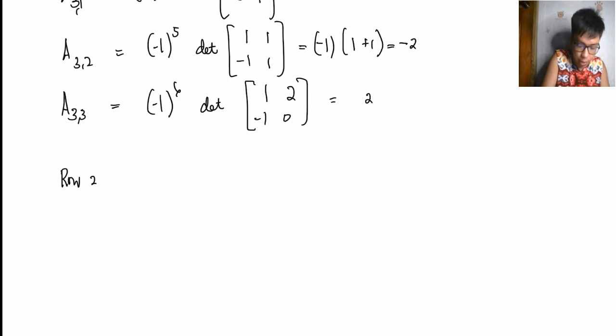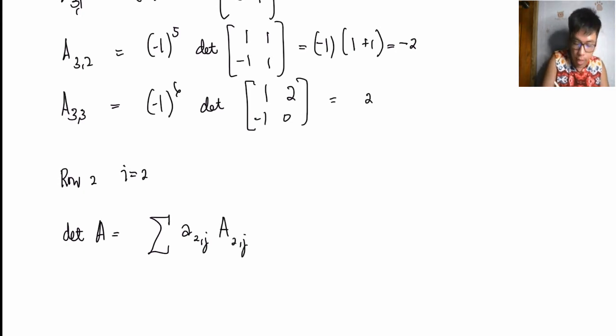So that means the determinant of A using the theorem is the summation of a2j times C2j, j from 1 to 3. So that's a21 C21 plus a22 C22 plus a23 C23.